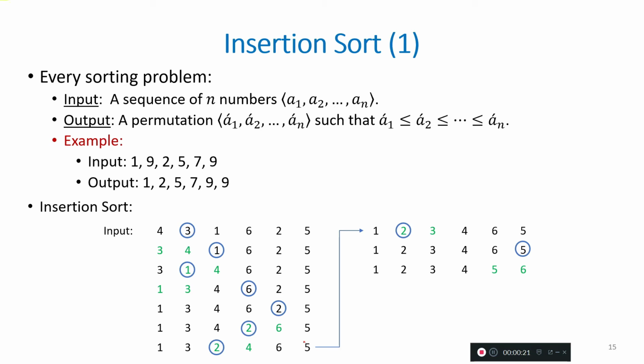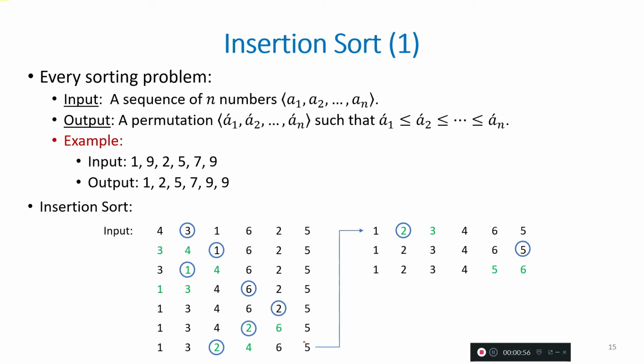And the output of the sorting algorithm should be a permutation of these n input values such that they are in either ascending or descending order, which over here we denote as A prime 1, A prime 2 until A prime n. So for example, if you are given the numbers 1, 9, 2, 5, 7, and 9 as input, after sorting that in ascending order, the output should be 1, 2, 5, 7, 9, 9.